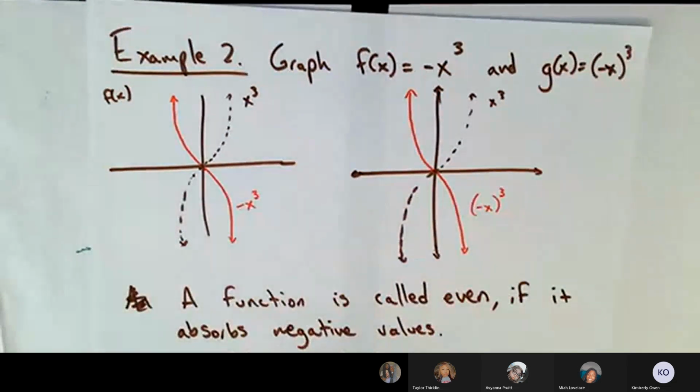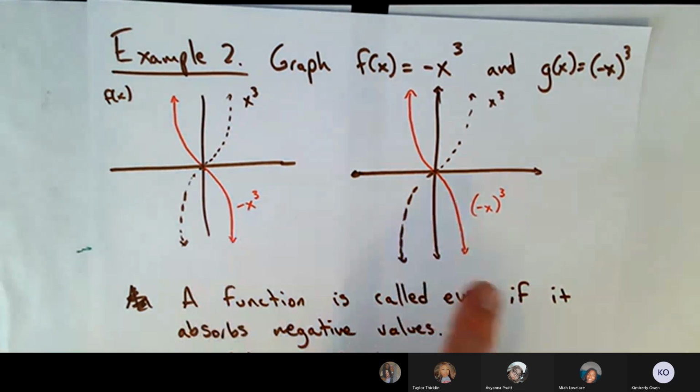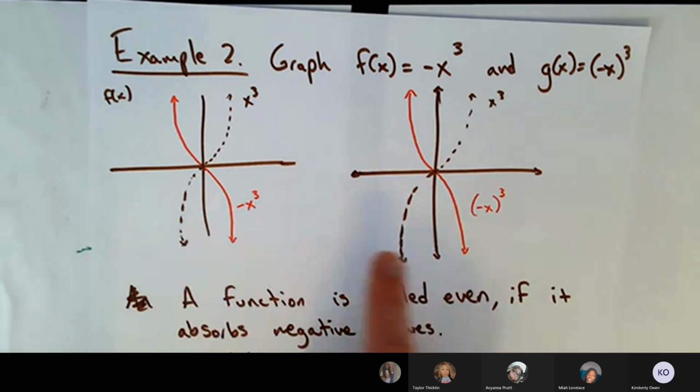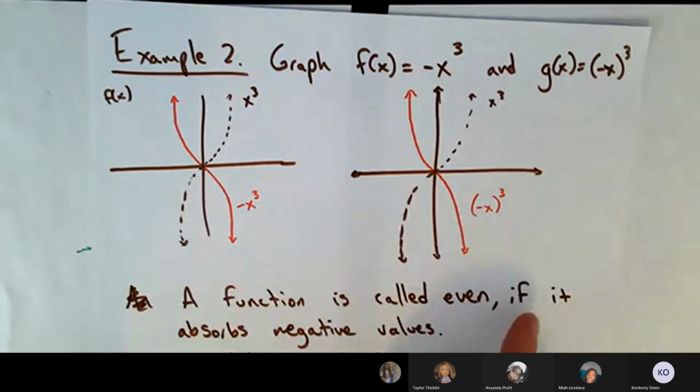The last case we saw, before we really started writing down the definition, was that reflecting over the y-axis did nothing to the function for an even function. And here, that's not the case, right? It's that reflecting over each axis just results in the same thing.